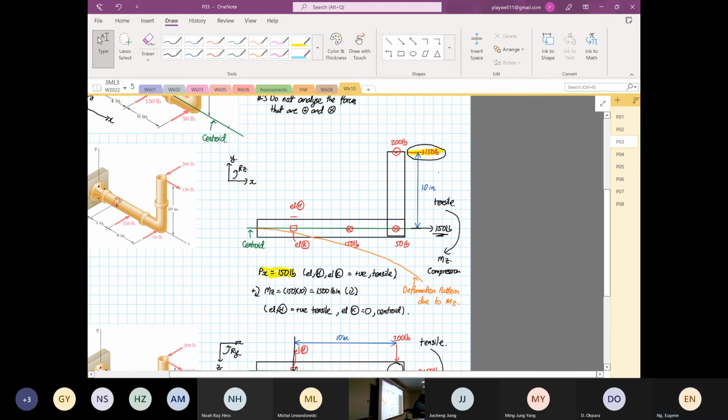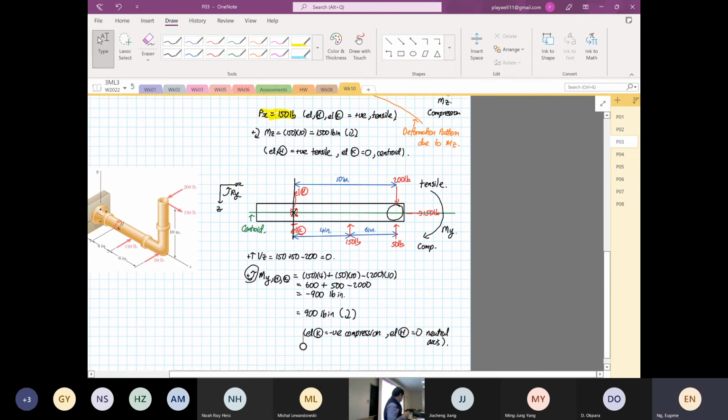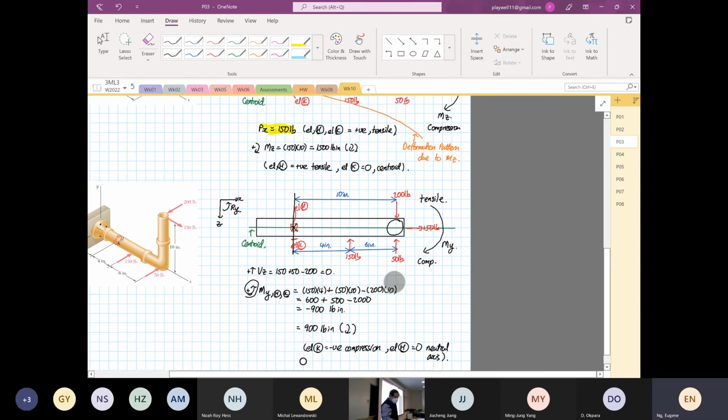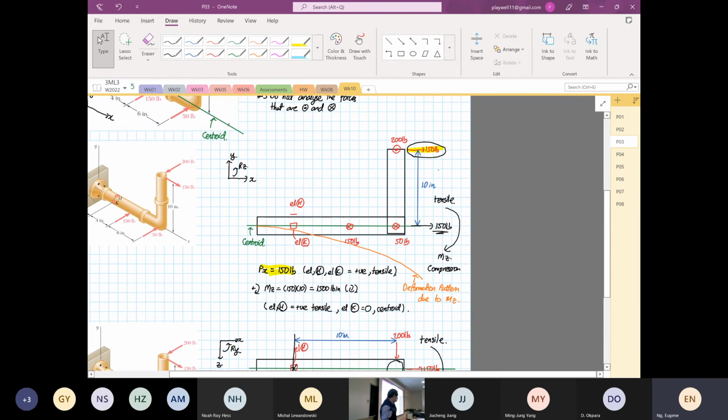Centroid. Yes or no? When we do moment over here, we take it to the element. Can you see that? I repeat again. The one before, the 500, there's the 150 that's highlighted. The moment is towards the centroid.